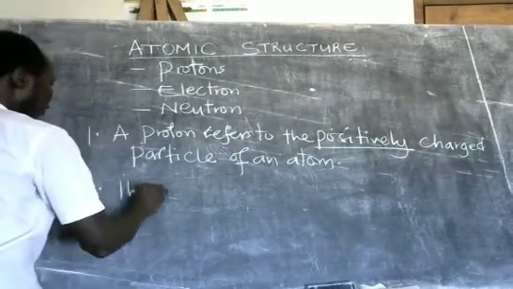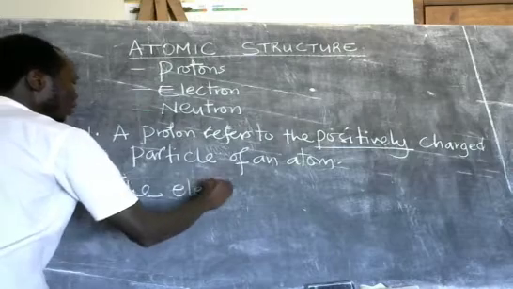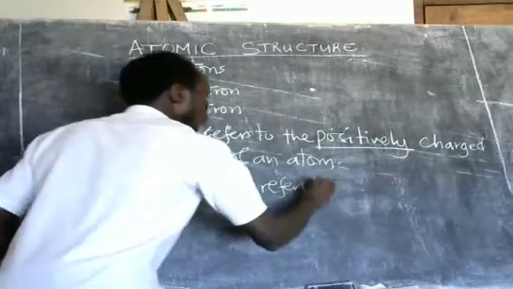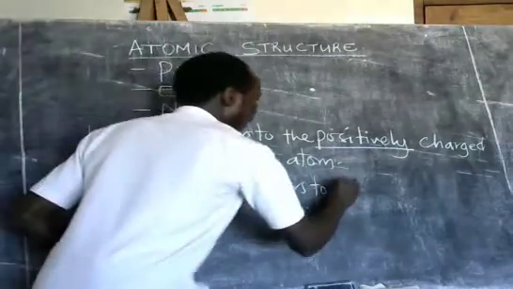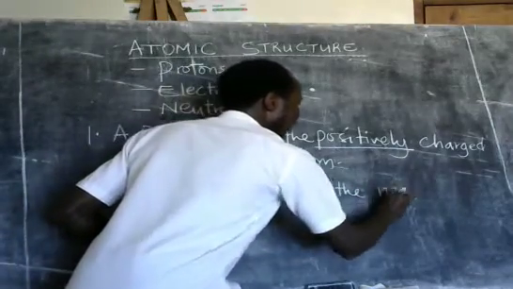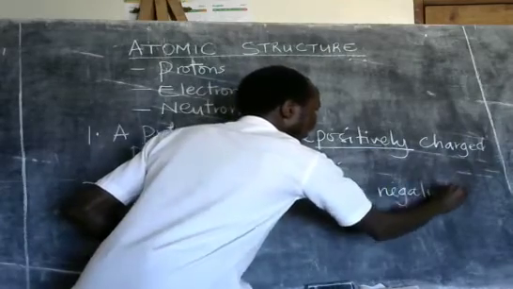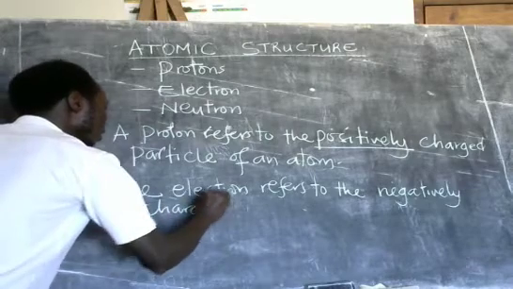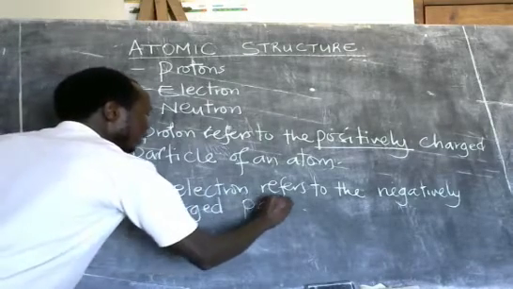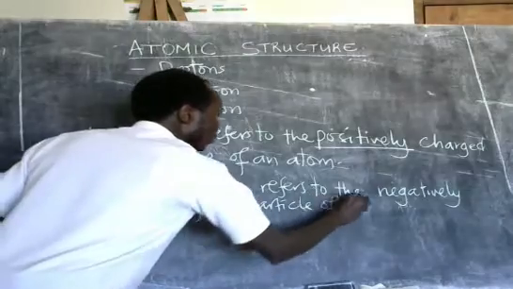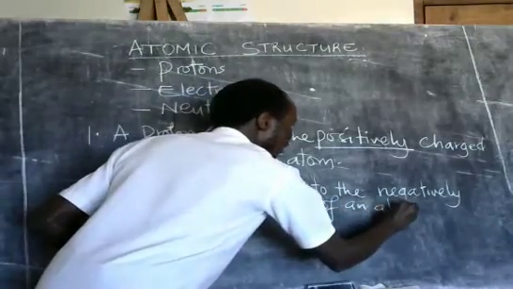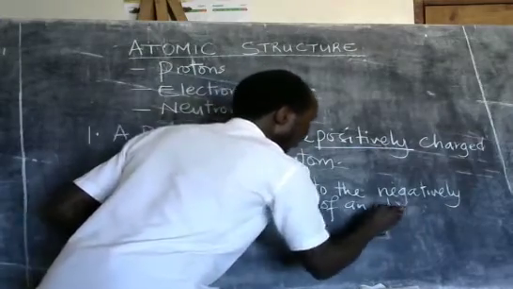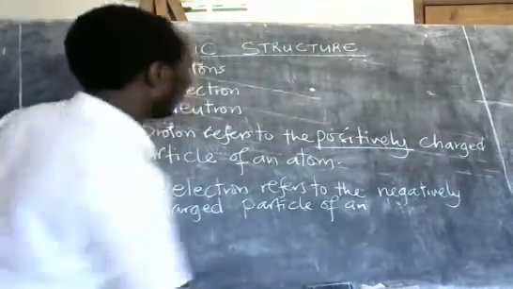Then the electron refers to the negatively charged particle of an atom.